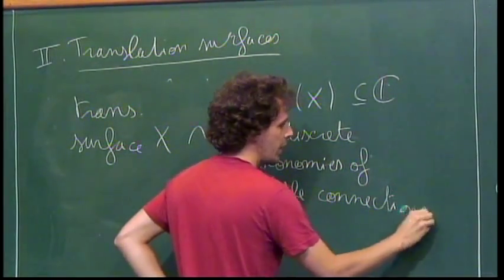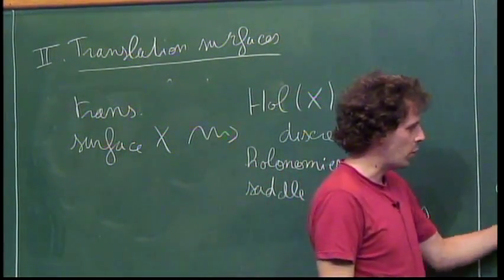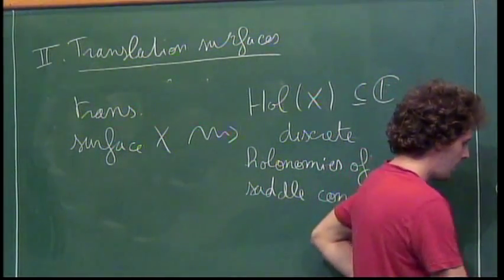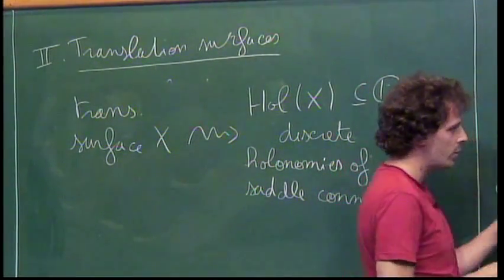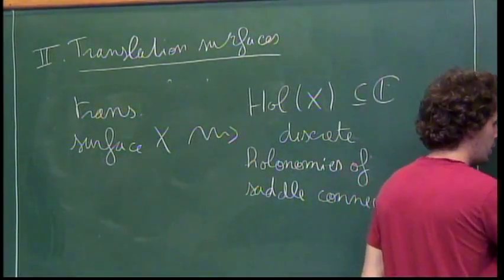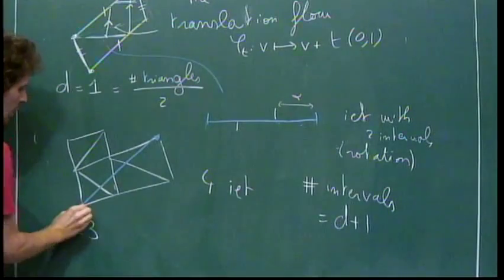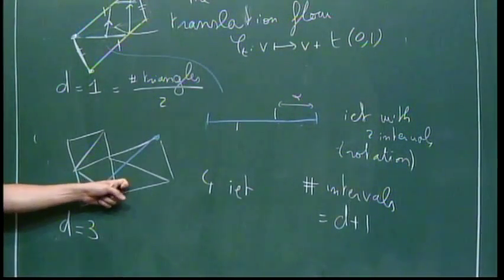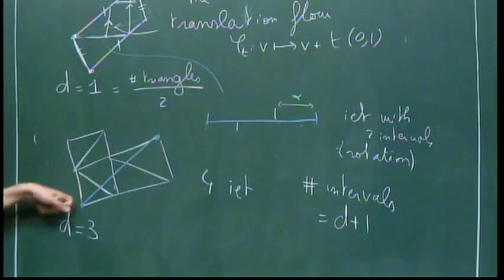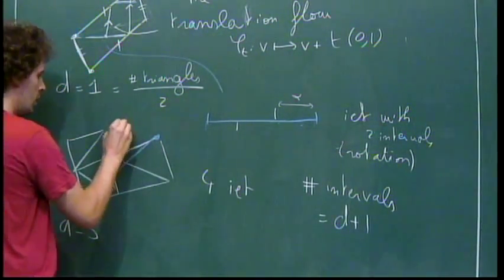And what is a saddle connection? Here you have a surface that is obtained by gluing triangles, and you can consider translation in any direction. You have some segments in your surface that join two singularities or two vertices of your triangles. And such a thing is called a saddle connection.